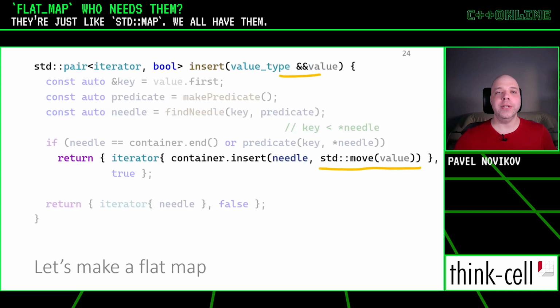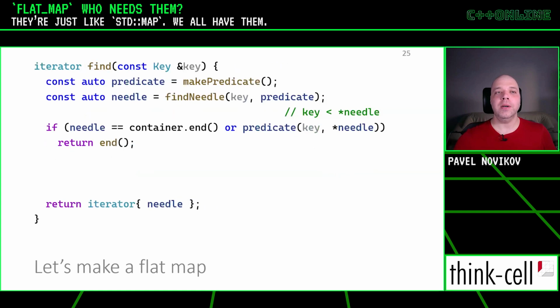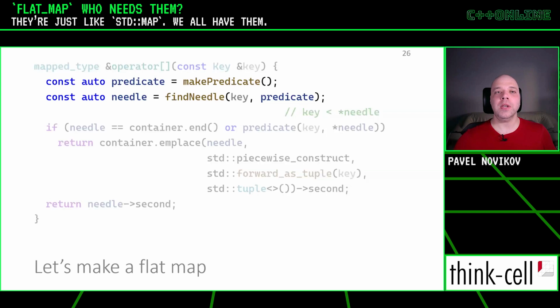So to get the version for rvalue, we just have to specify our parameter as an rvalue reference, and we have to use move inside our insertion. Next, we can take our find function and turn it into the subscript operator. Again, we get our predicate. We try to find the needle.